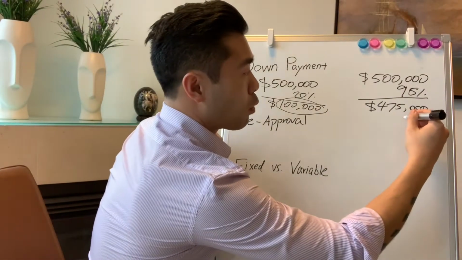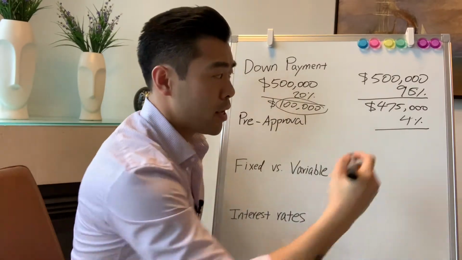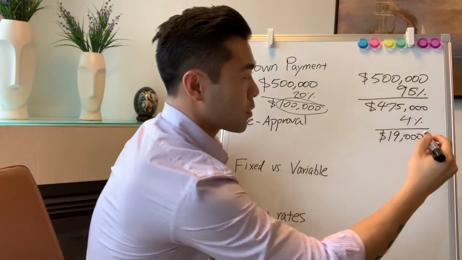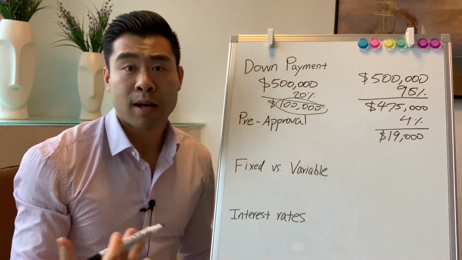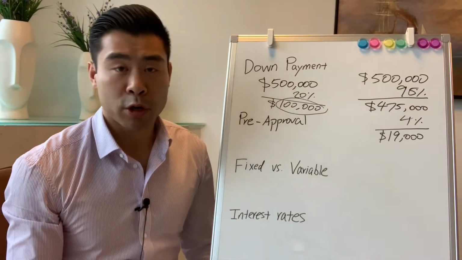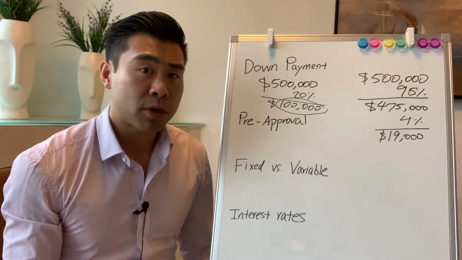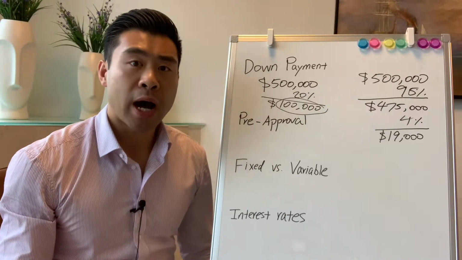So 4% of $475,000 is $19,000. You have the option to pay this $19,000 as a lump sum, or you can break it up and combine it into your monthly mortgage payment. That's totally up to you. But generally speaking, it is still cheaper to get this insurance than to go without being insured and get charged a higher interest rate.